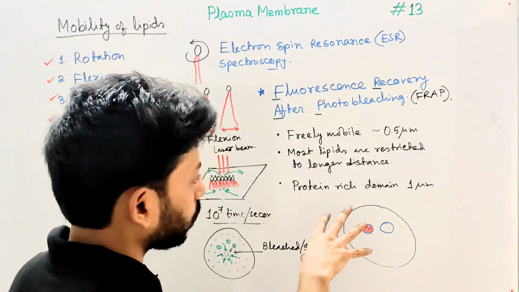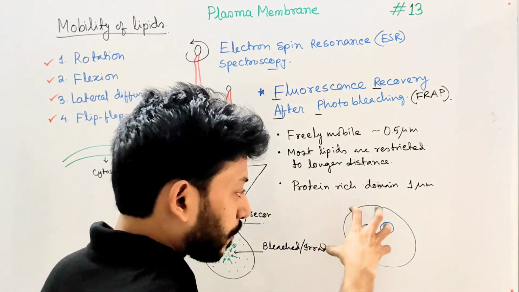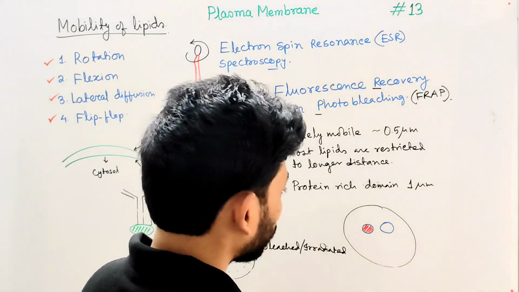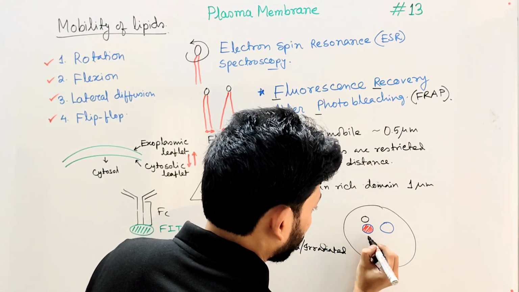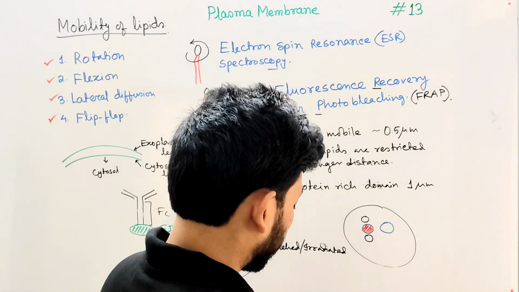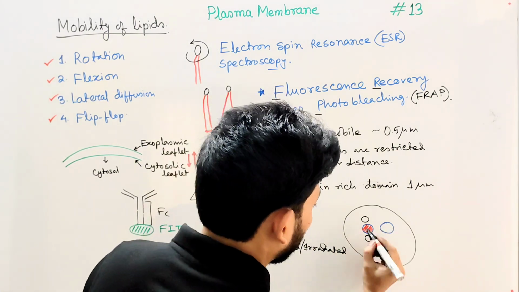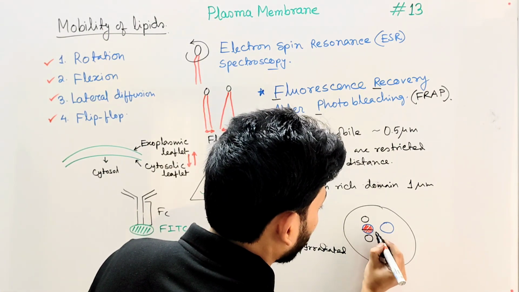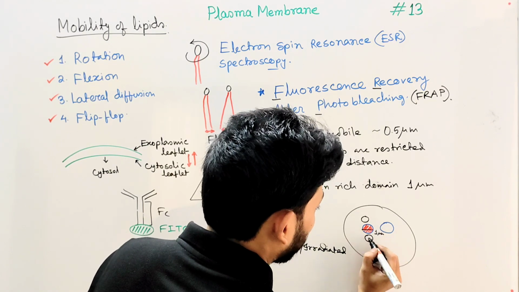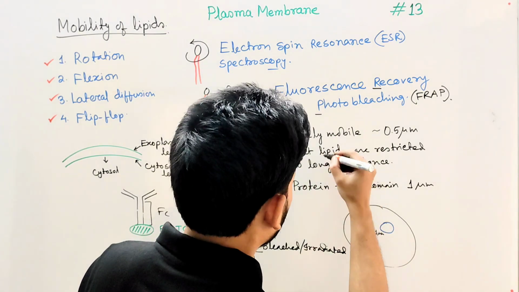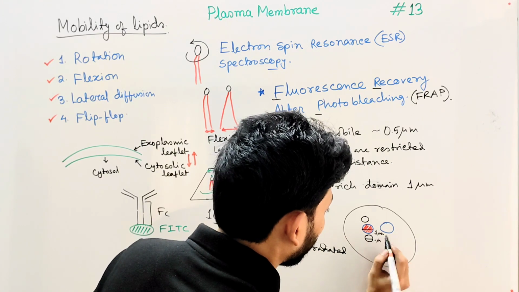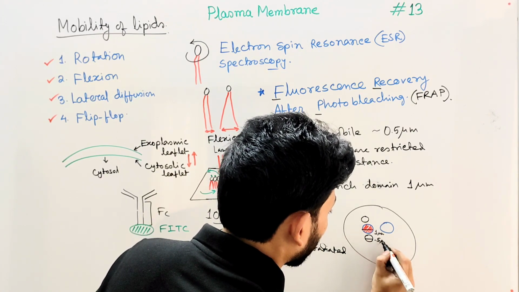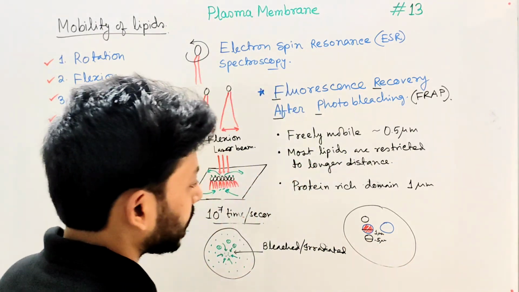Now they have found that in the plasma membrane there are also lipid rich regions present. The diameter of the protein rich regions is actually 1 micrometer, and the diameter of these lipid rich regions is 0.5 micrometer.